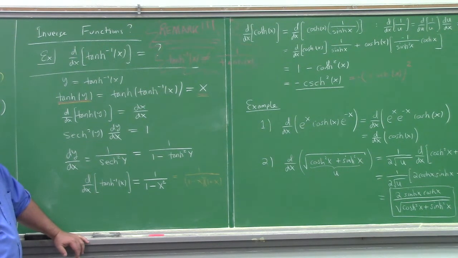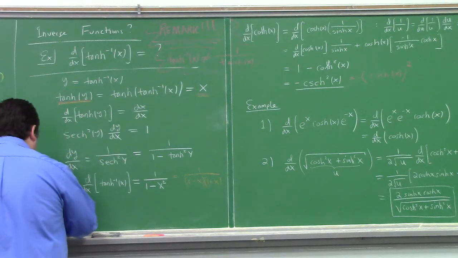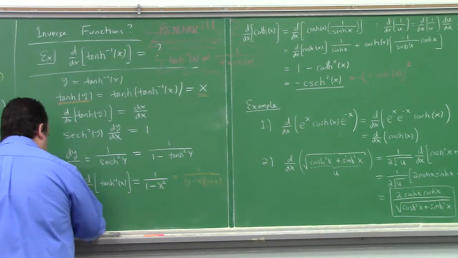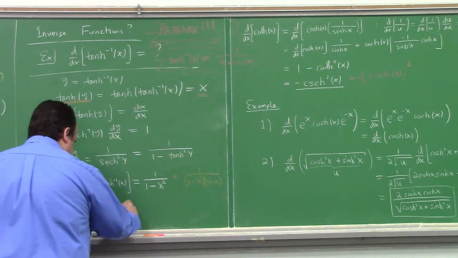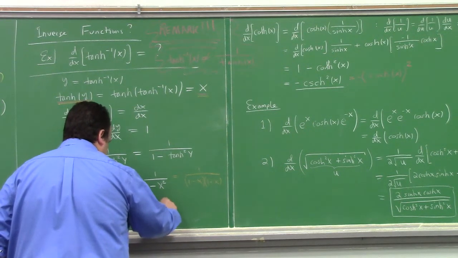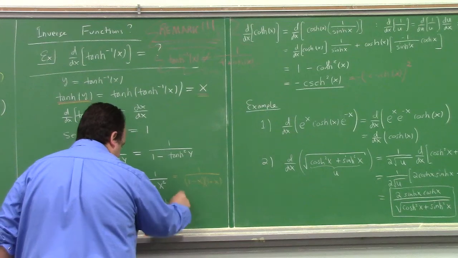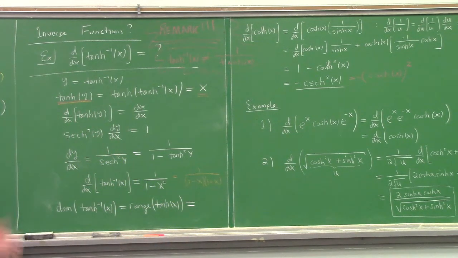Another way I could ask this question would be, what is the domain of inverse hyperbolic tangent? The domain of inverse hyperbolic tangent is equal to the range of hyperbolic tangent. What's the range of hyperbolic tangent? -1 to 1, right.